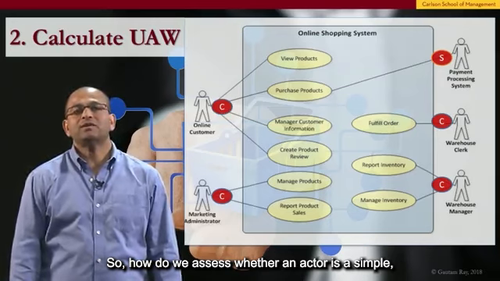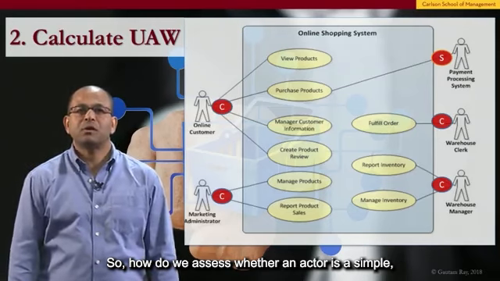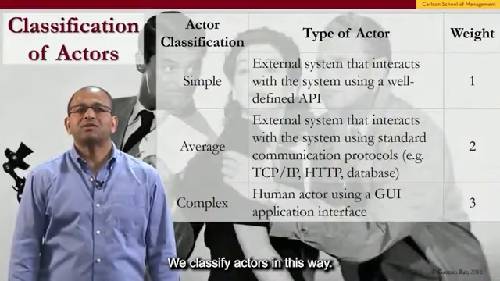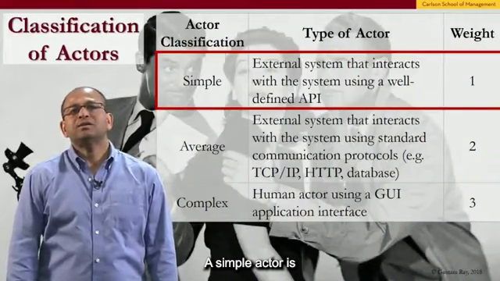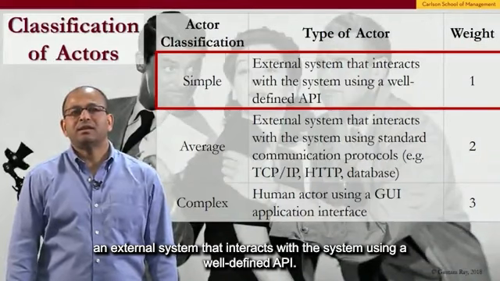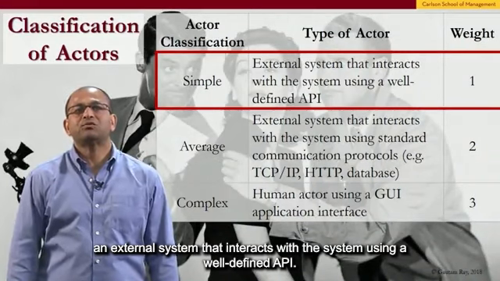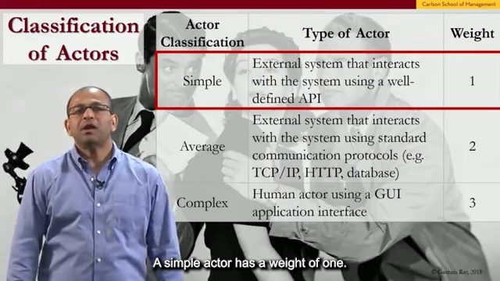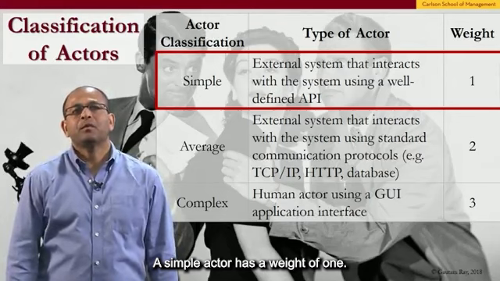So how do we assess whether an actor is a simple, average, or a complex actor? We classify actors in this way. A simple actor is an external system that interacts with the system using a well-defined API. A simple actor has a weight of 1.